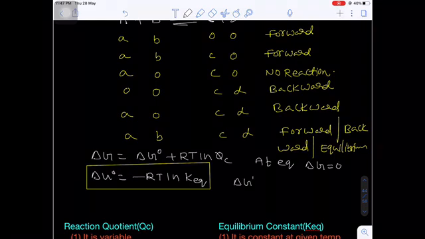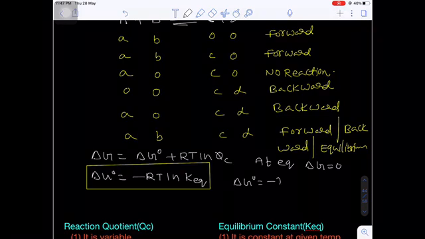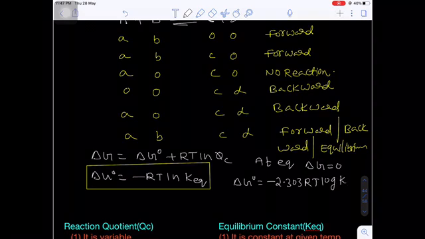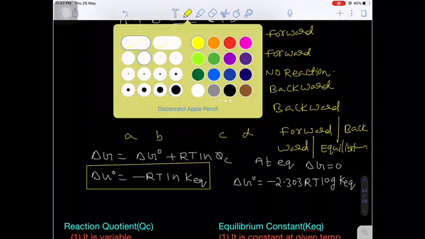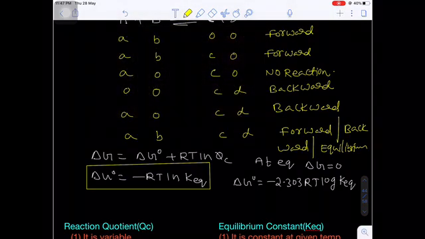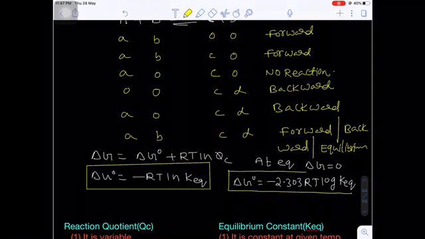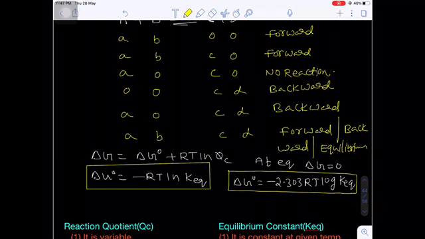That means delta G naught is equal to minus 2.303 RT log of K equilibrium. This is a very, very important relation between the standard Gibbs energy change and the equilibrium constant.